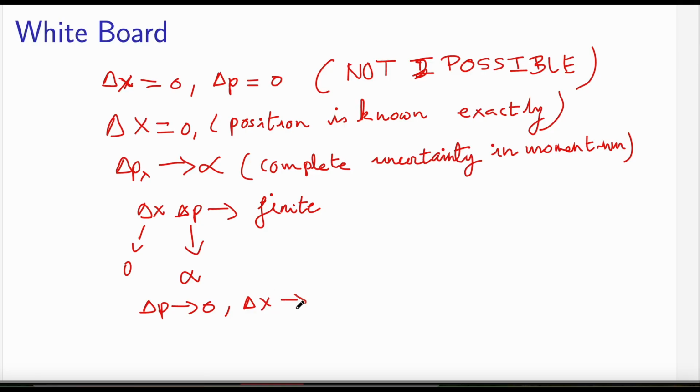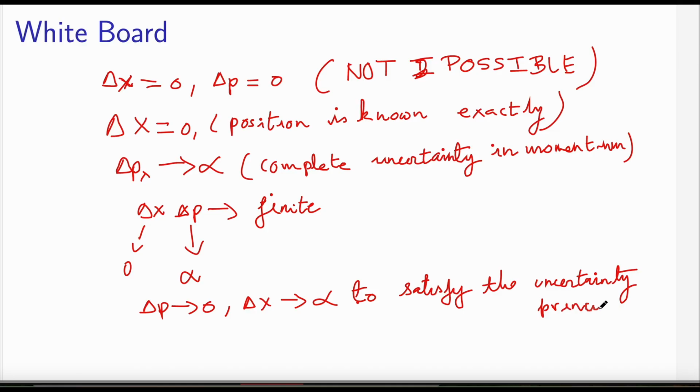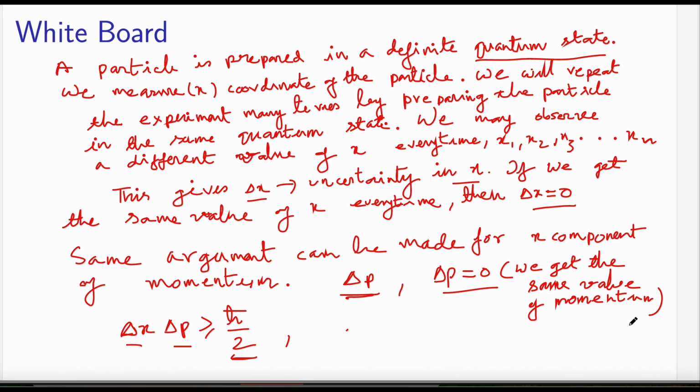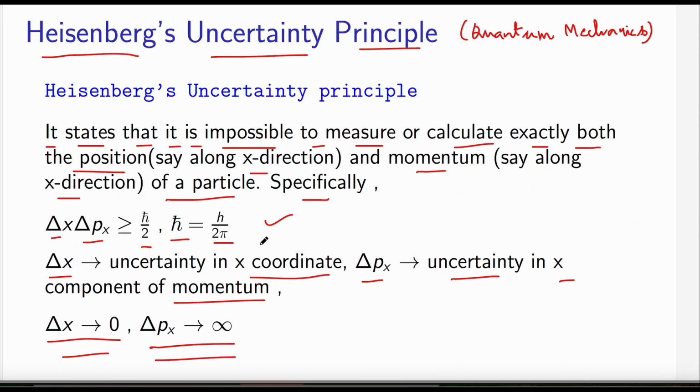So delta x has to be infinite to satisfy the uncertainty principle. Okay, so you can see how important Heisenberg's uncertainty principle is.